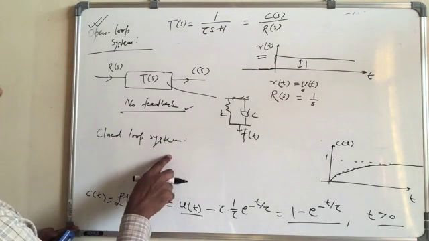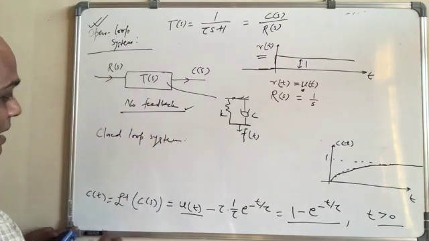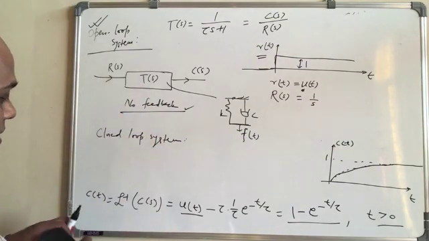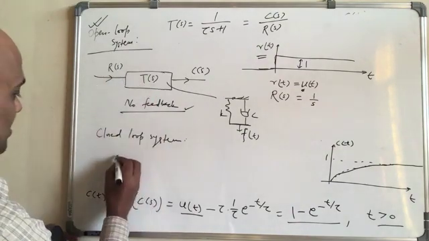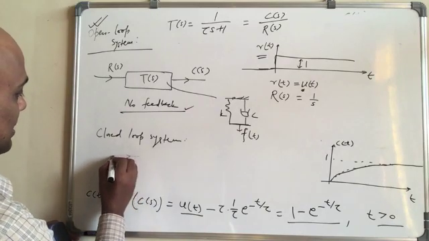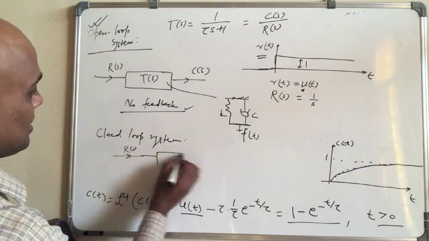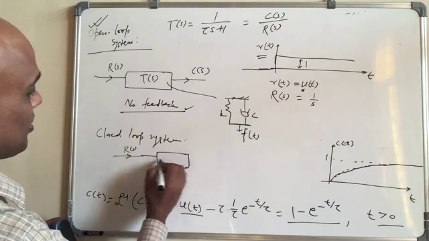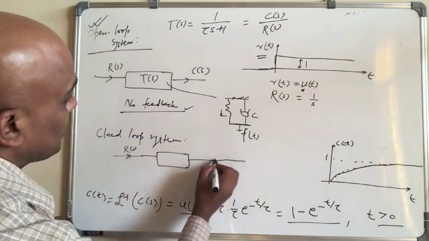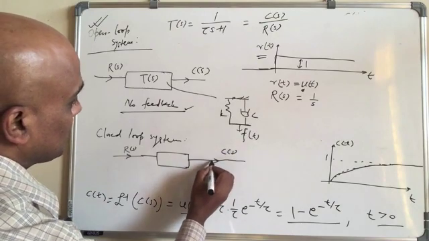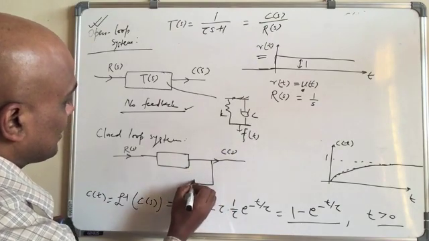The closed loop system, in that case, will be something like this. So we have Rs here, and then we have Gs something, then we have Cs here, then going backward.